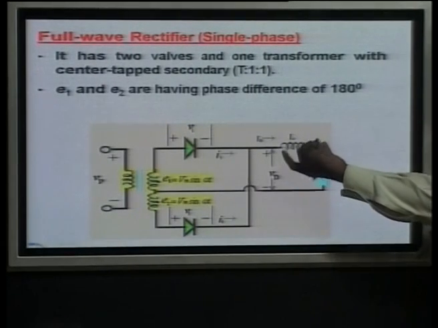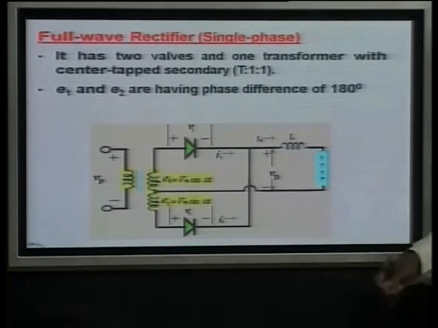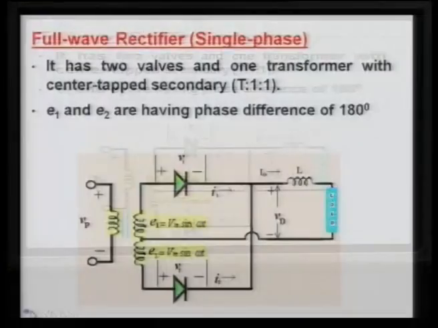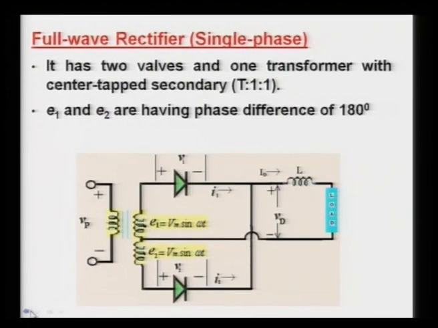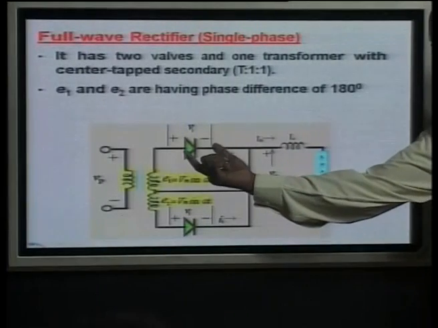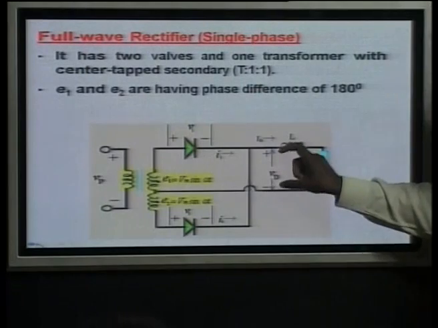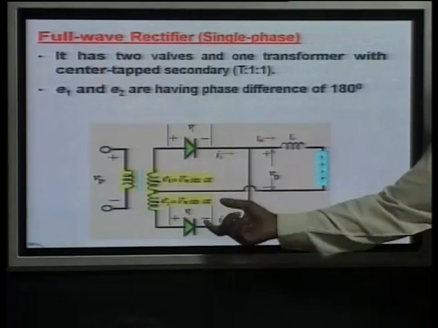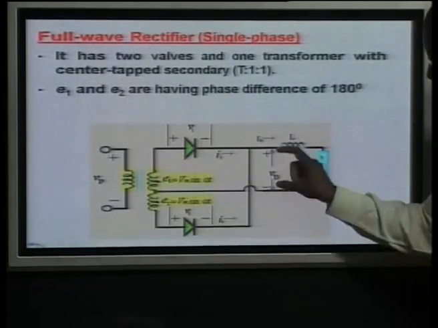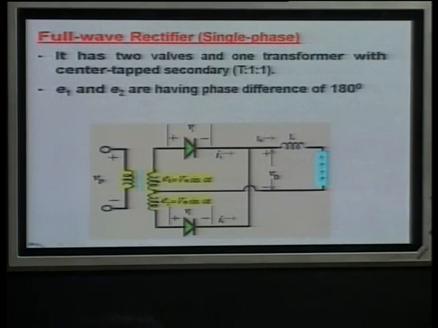The difference voltage is the instantaneous voltage coming from the output of the rectifier circuit. The voltage E1 minus Vd will appear across V1, and E2 minus Vd will appear across V2, which is the valve voltage.